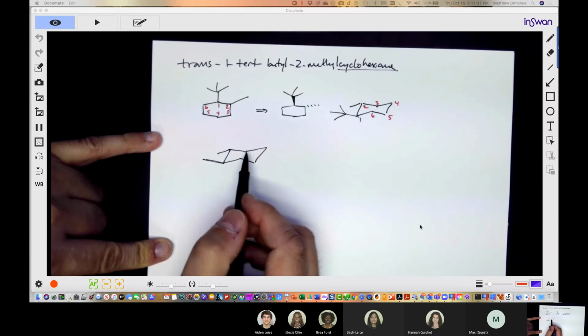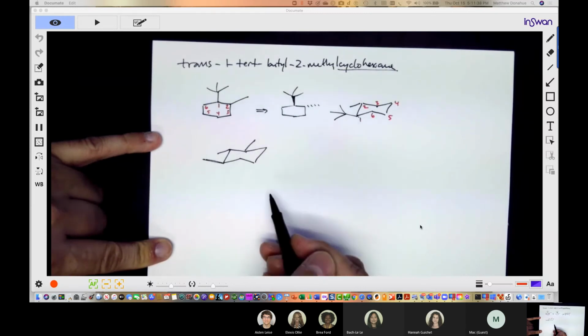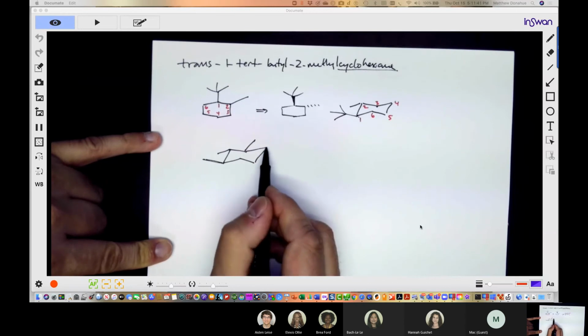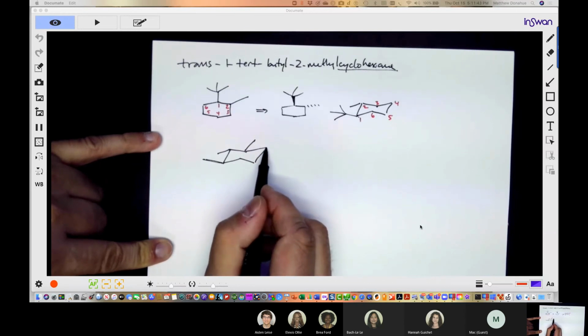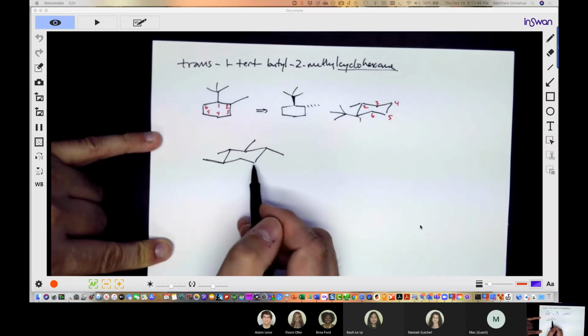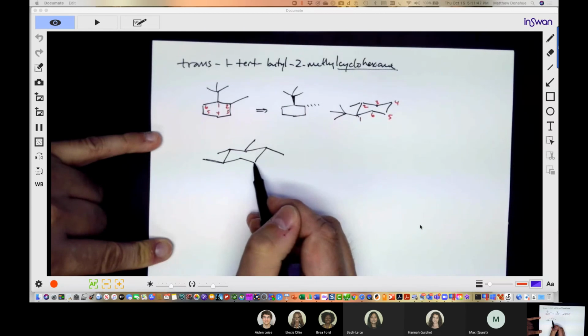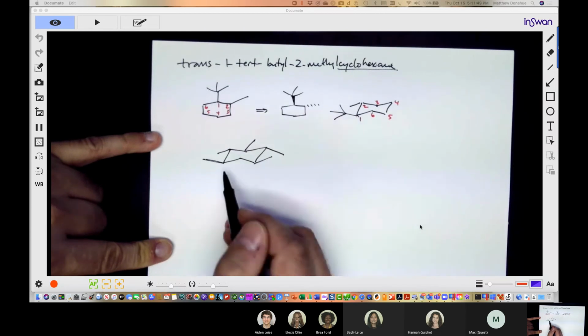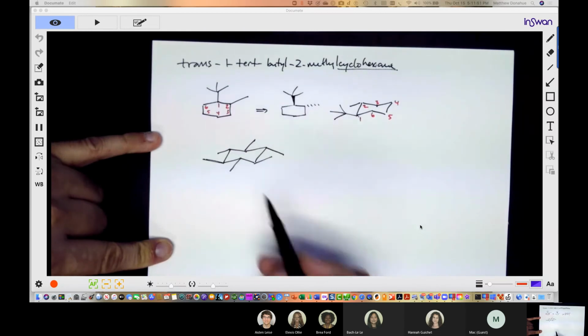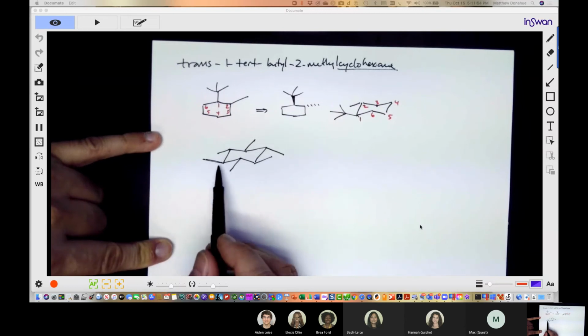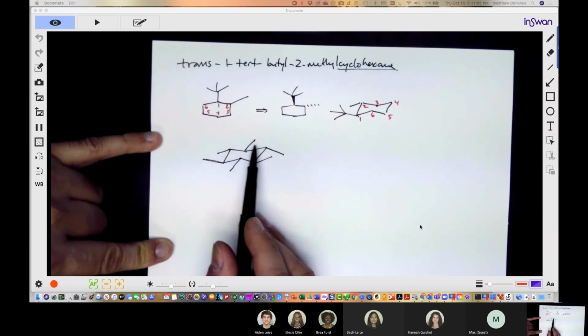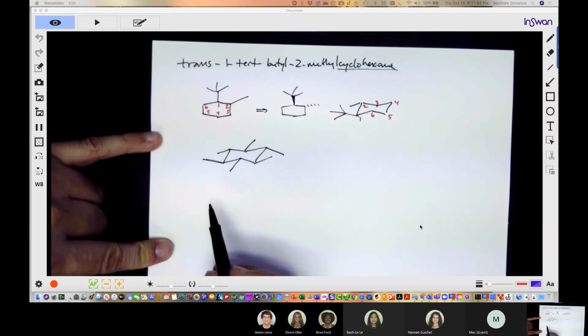This carbon is down, the equatorial relationship has to be up. This carbon's up, the equatorial relationship is down. This carbon's down, equatorial is up. This carbon's up, equatorial is down. So notice how they flip, up, down, up, down, up, down.